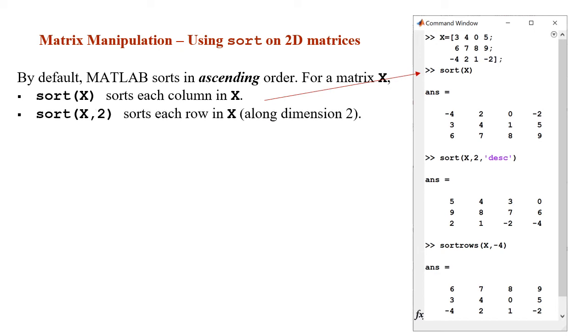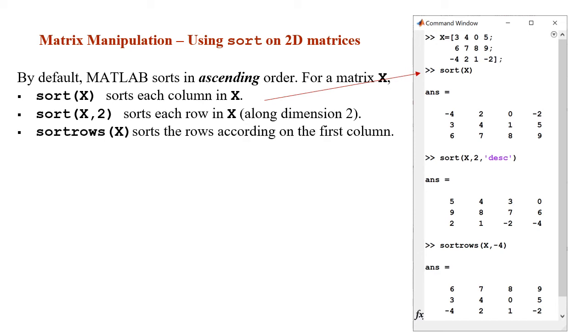Calling sort x comma 2 will sort each row in x, again in ascending order. So this means in English, sort x according to dimension 2, the second dimension. Calling sortrows, a different function, on x will sort the rows of x according to the first column by default.